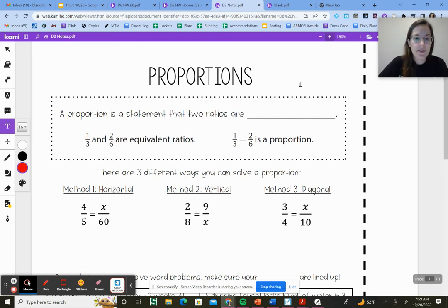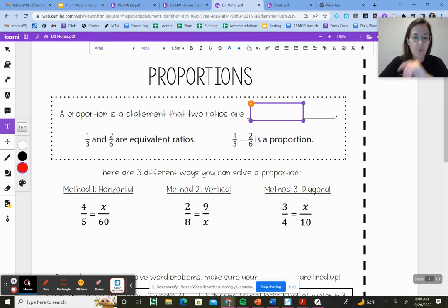All right, so for example, you guys should know that 1/3 and 2/6 are equivalent ratios. Okay, they're both the same. So that means 1/3 equals 2/6 with the equal sign in the middle. That is called a proportion. So a proportion is just a statement that 2 ratios are equivalent.